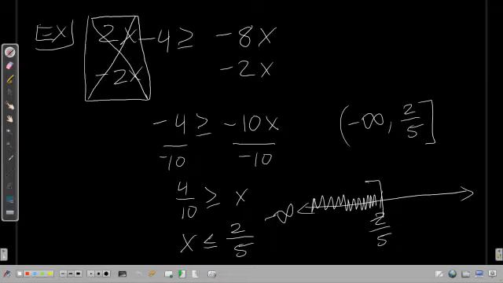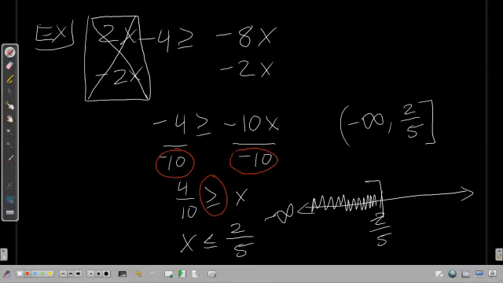Such an example illustrates that one caveat that you have to pay attention to when you're dealing with inequalities. The mistake is right here. And it has to do with multiplying on both sides by a negative number.